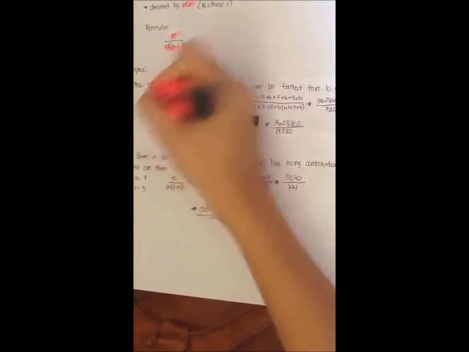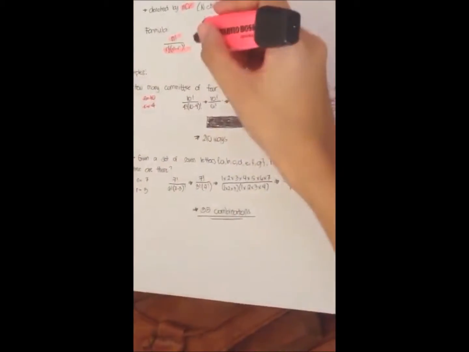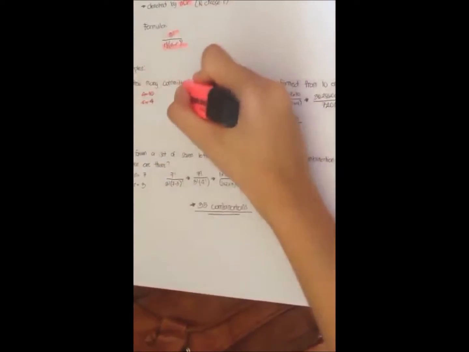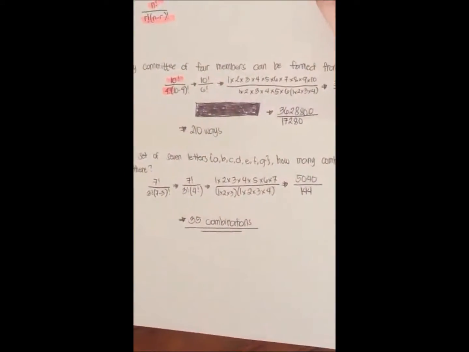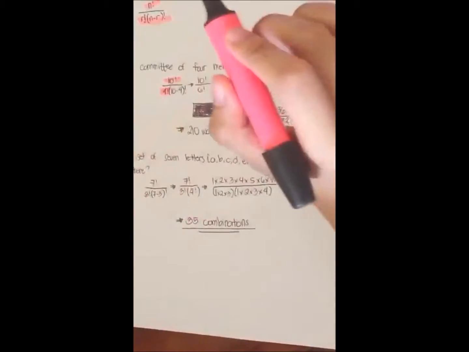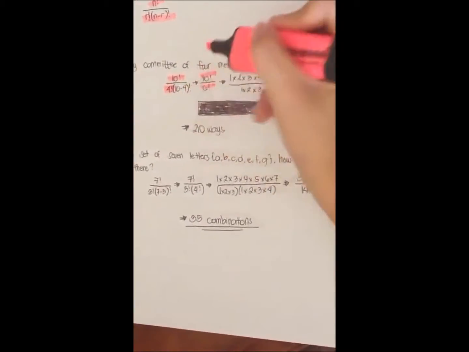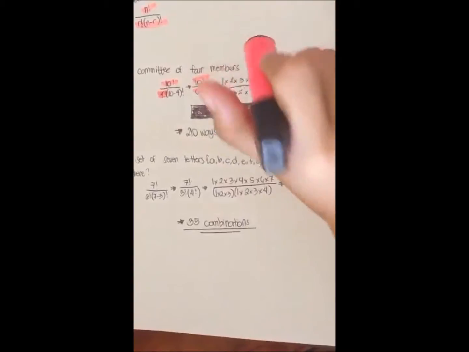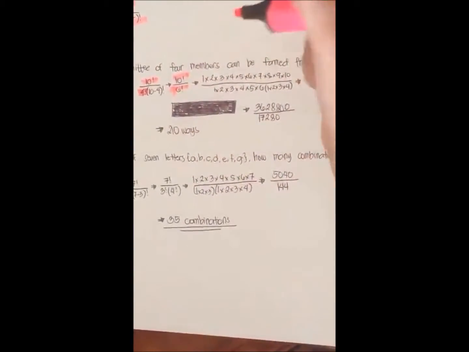Then substitute the values: 10 factorial over 4 factorial times 10 minus 4 factorial, which is 10 factorial over 4 factorial times 6 factorial.